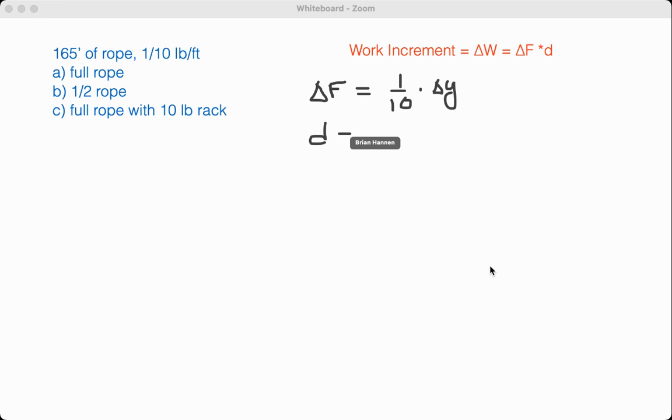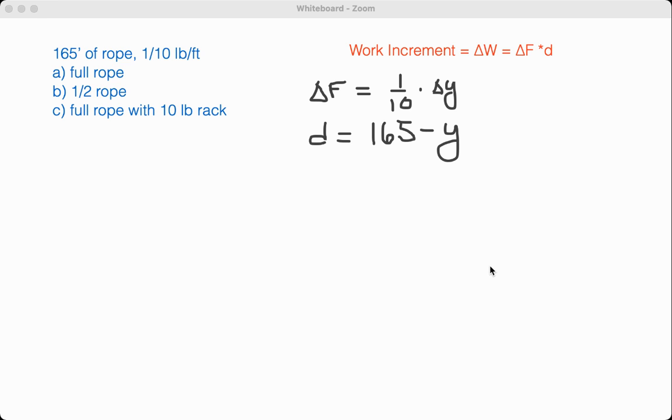The other important thing here is the distance that it's going to travel. So if we think of the bottom of the rope as a height of 0 and the top of the rope as a height of 165 feet, that means the distance that each part travels will be 165 minus y. What? Well, yeah.